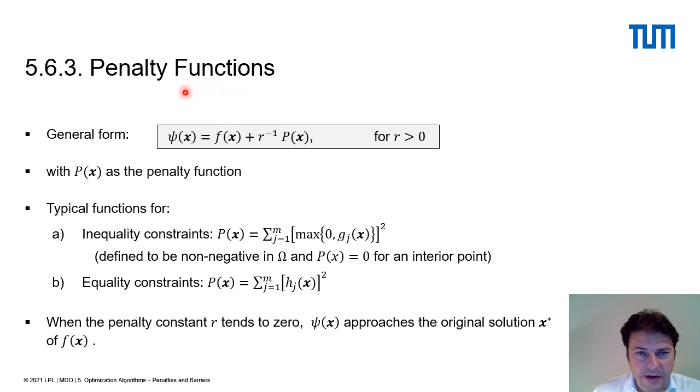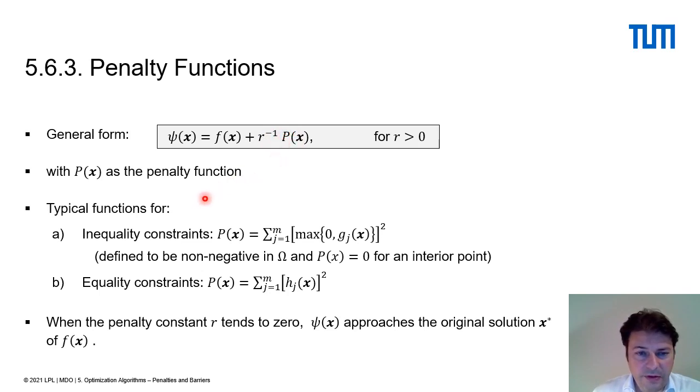So penalty functions work similarly. They augment the objective function by, again, a value r to the power of -1 times the penalty function.